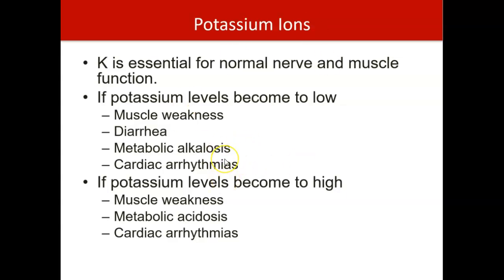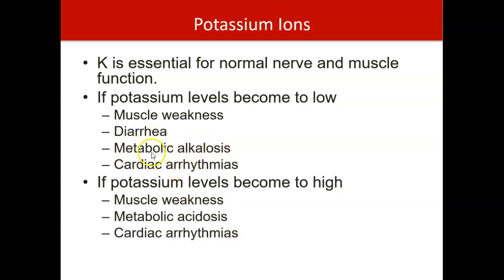Low potassium levels can cause VFib to happen, and high potassium levels can widen your QRS complexes. Potassium levels also change the pH of your blood, so we're going to talk about it more when we get to acid-base balance.